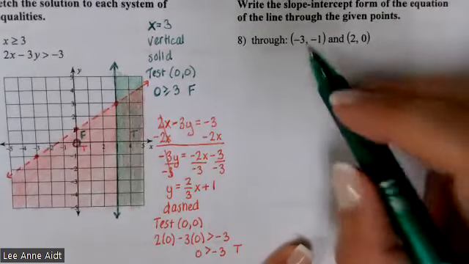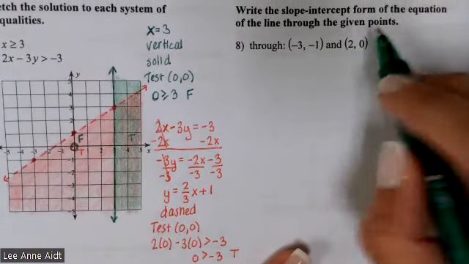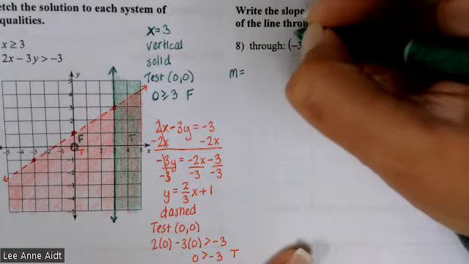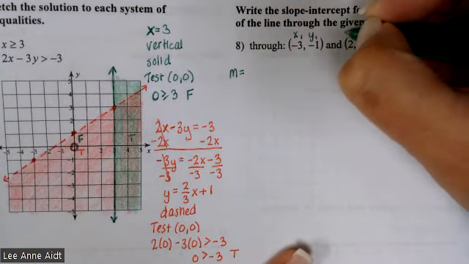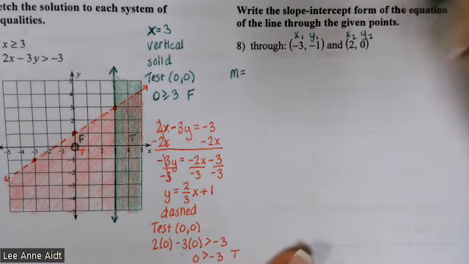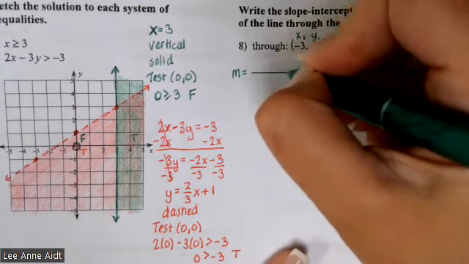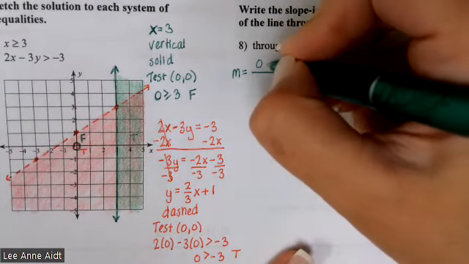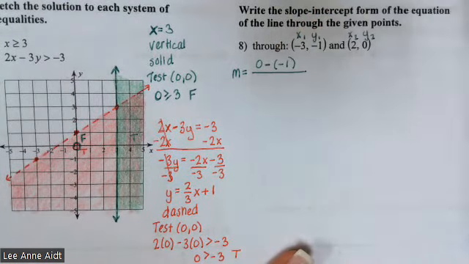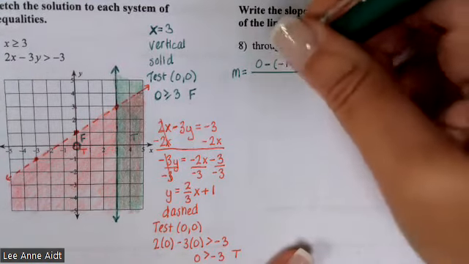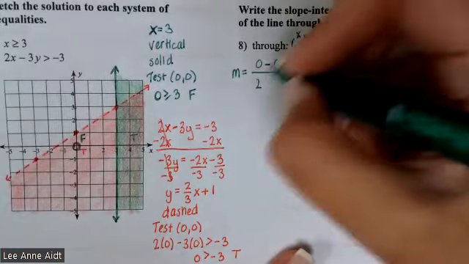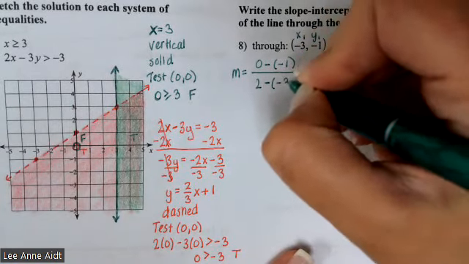Okay, here we go. Chapter 2. Everyone knows this. Slope equals y2 minus y1 over x2 minus x1.